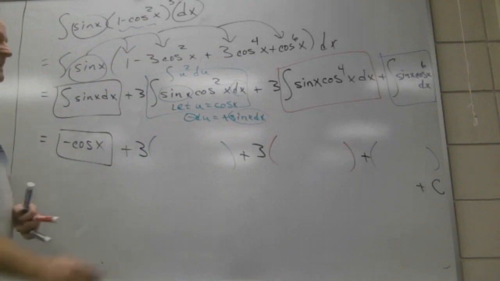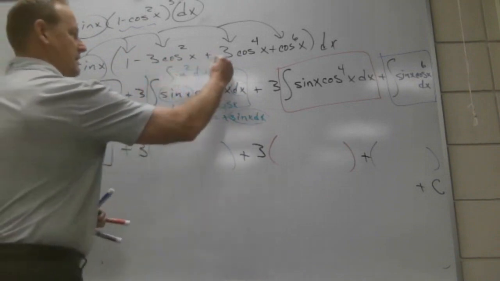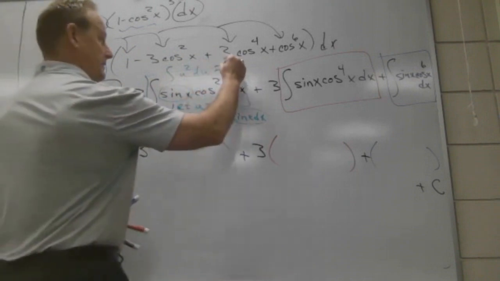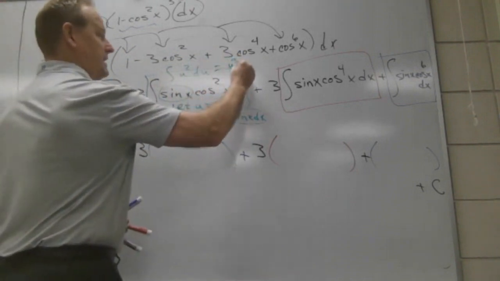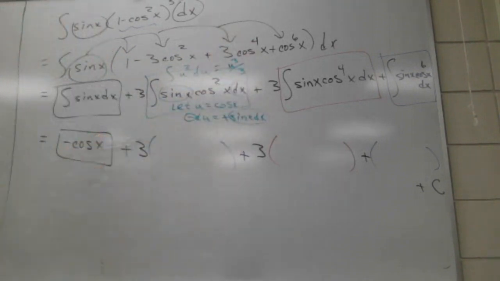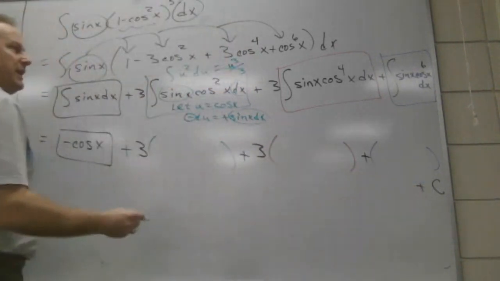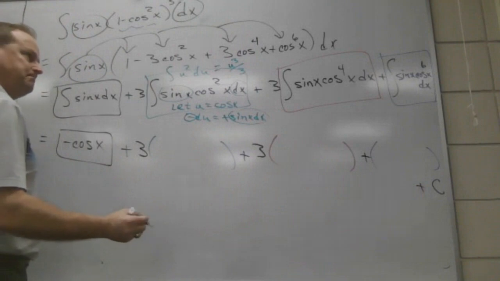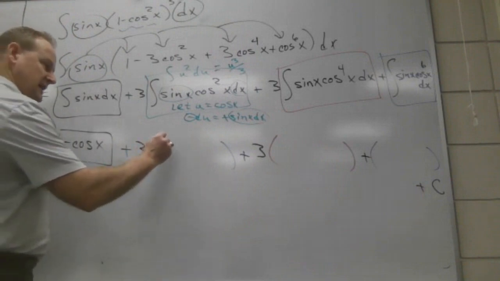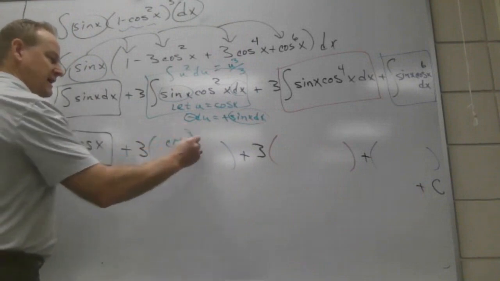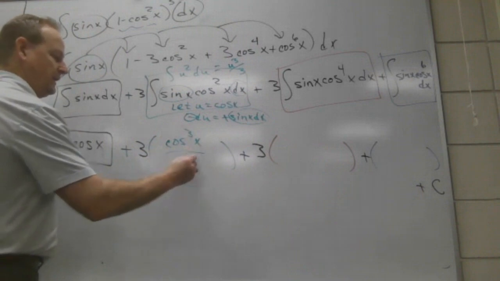Okay? So what's the antiderivative of u squared? U cubed over 3, plus a constant, which we're going to ignore because I got it already over here. But anyway, u cubed, and what's u again? Cosine. So this is now cosine cubed x over 3.